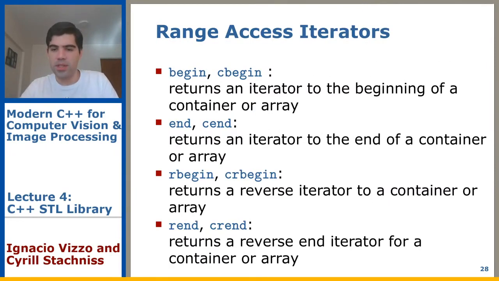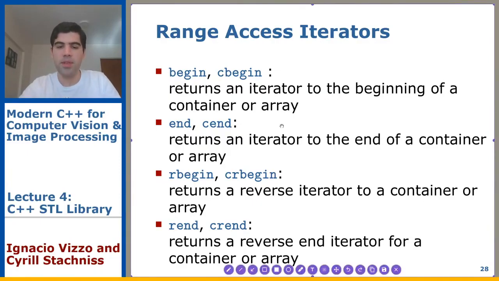There is something called range access iterators. These are the most commonly used iterators, at least for containers in C++, and they are defined for all STL containers. So if you're using any type of STL container, you already have this iterator defined by default. For example, begin will give you an iterator: whenever you call this function, it returns an iterator to the beginning of a container or array.